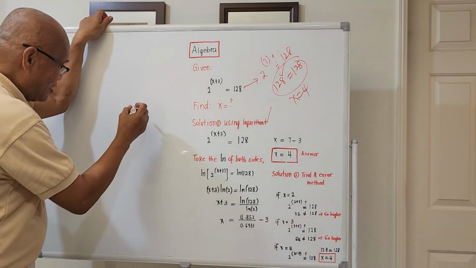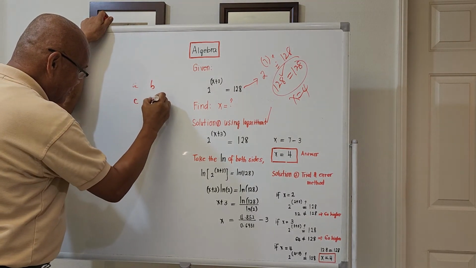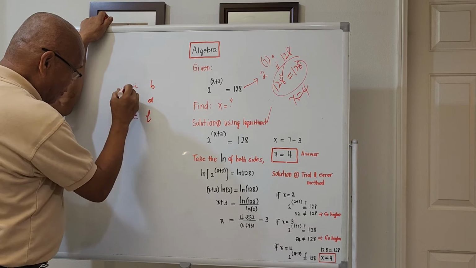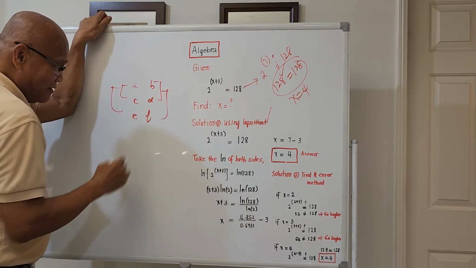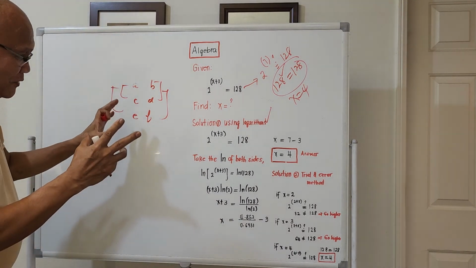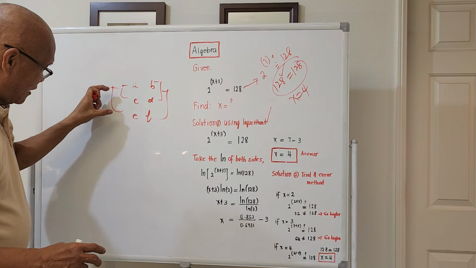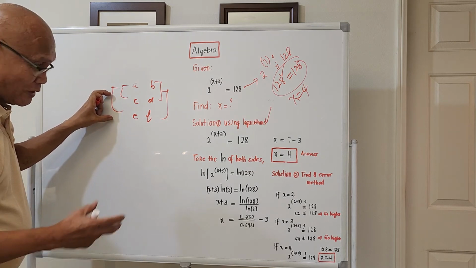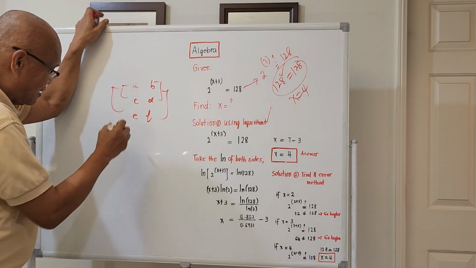So we use the so-called interpolation. This is A, B, C, D, this is E, F. We do it like this. We assume the first value, then we take the difference. And then again, we assume the next value, which is higher than the correct one, then we compute for the difference. Then it is something like this.